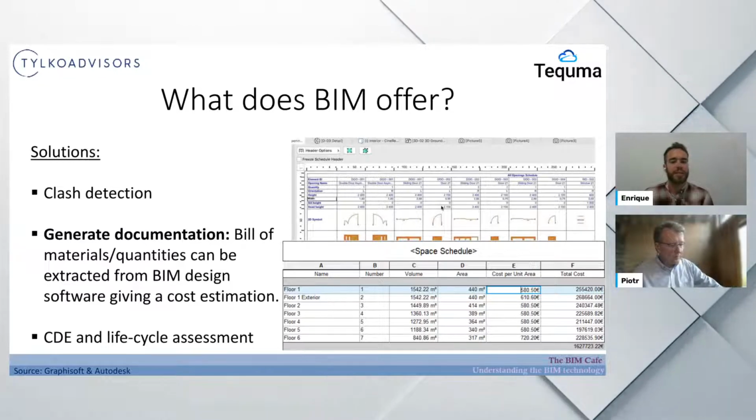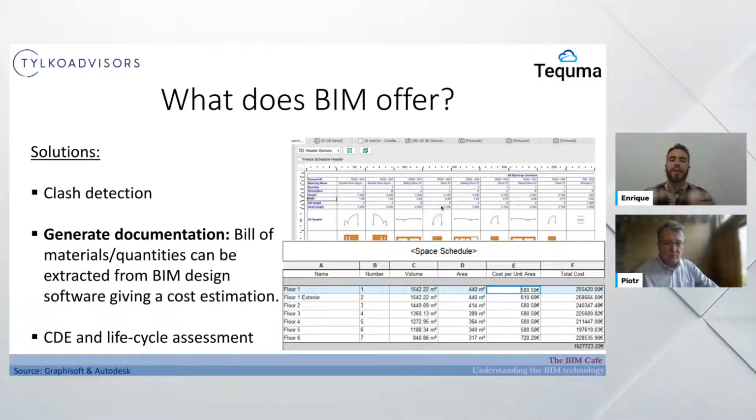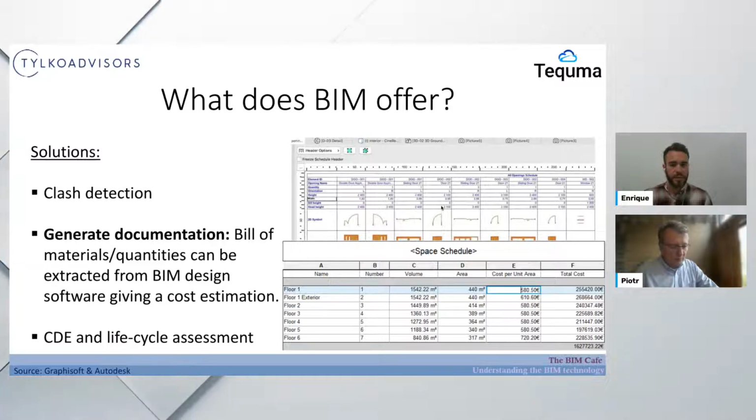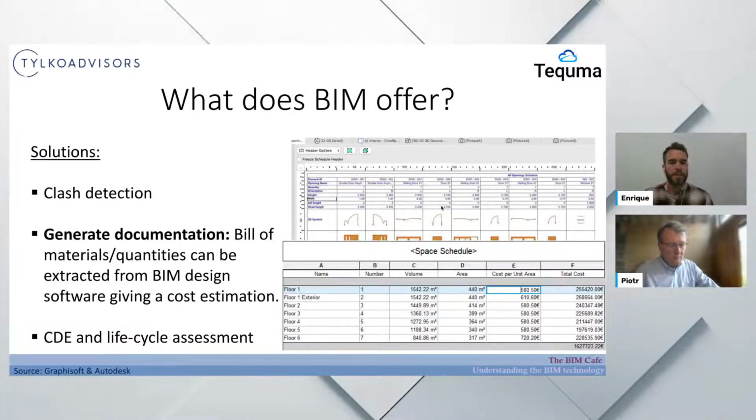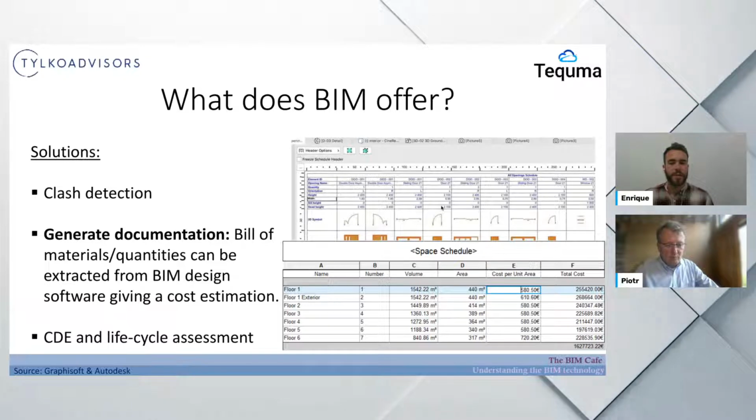So we can extract this information from the architects without getting in touch with them and asking, hey, how many square meters do you place for this type of ceiling, because I need to put my roof on top. You can see that in the project. The information is already there. So that also is the flow of information between the different parties.